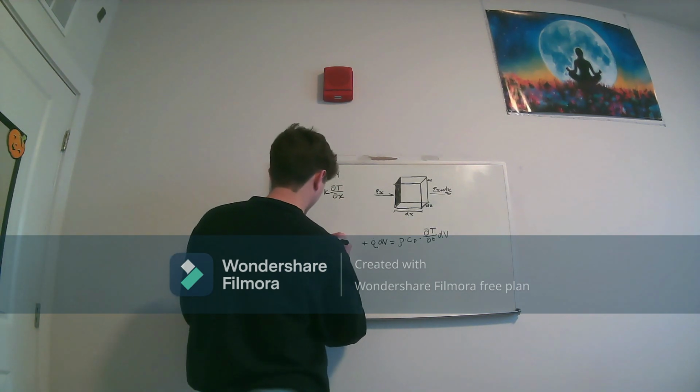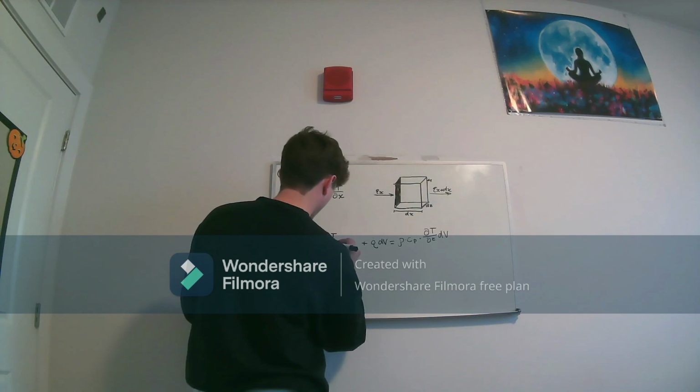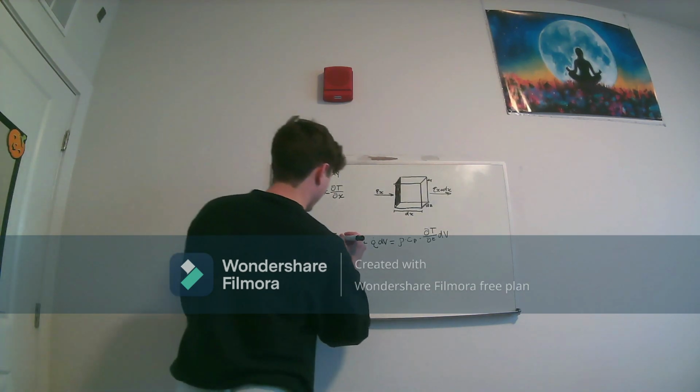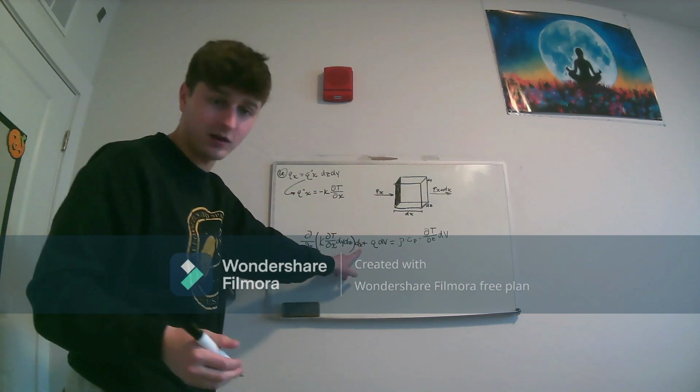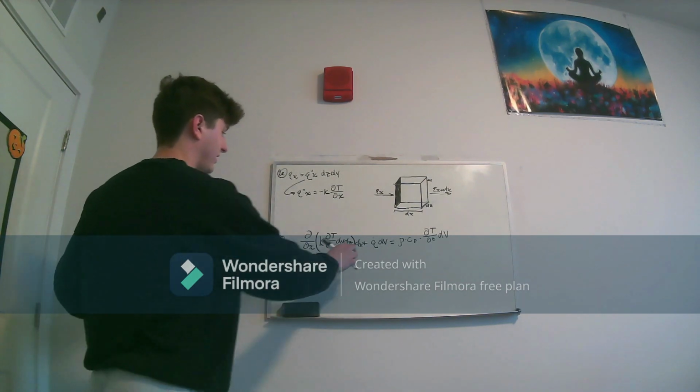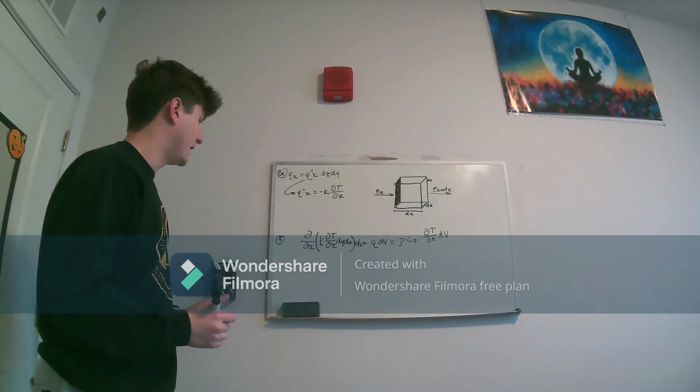So we're going to have positive k, partial derivative of our temperature with respect to x, and then we're going to multiply by dy dz. And then out here we have this dx term that we had hanging here before. Did not just add that, that was hanging right here, if you remember.